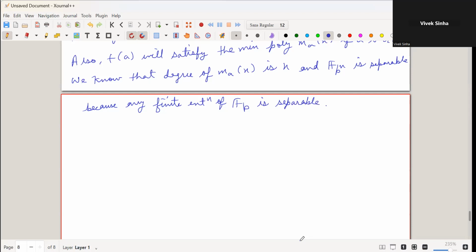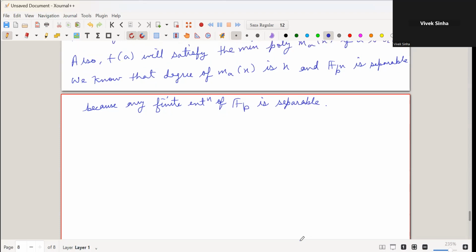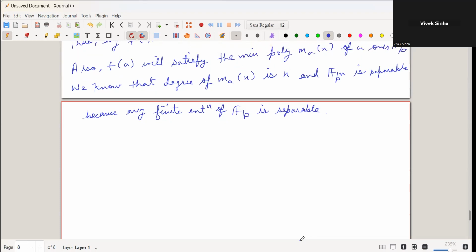So what are the possible roots that you can have?